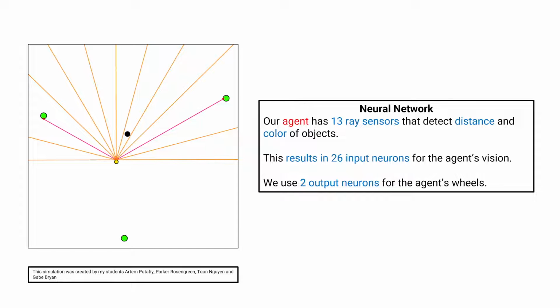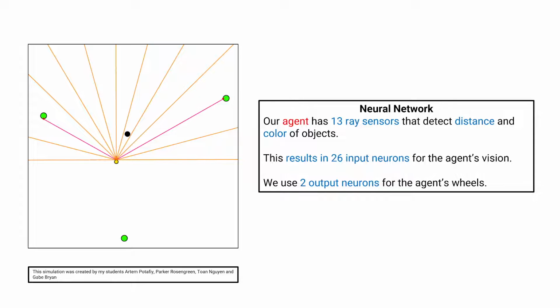And then we also feed their energy value back in as a neuron input, and we've also experimented with feeding their wheel outputs back in as inputs, and so on, so that whatever their wheels were at last turn, we might feed that back in. These are all pieces of information that the neural networks might want to use to change their behavior, and so we've experimented with that. But the general sensor structure are these 13 rays with their 2 inputs each.